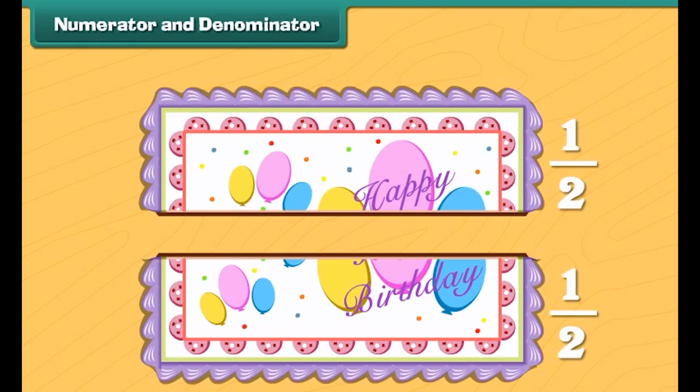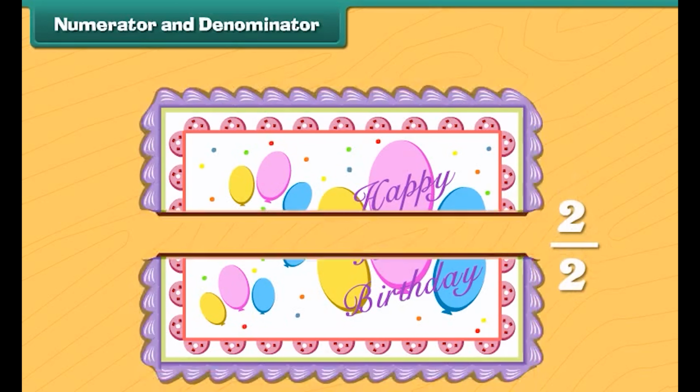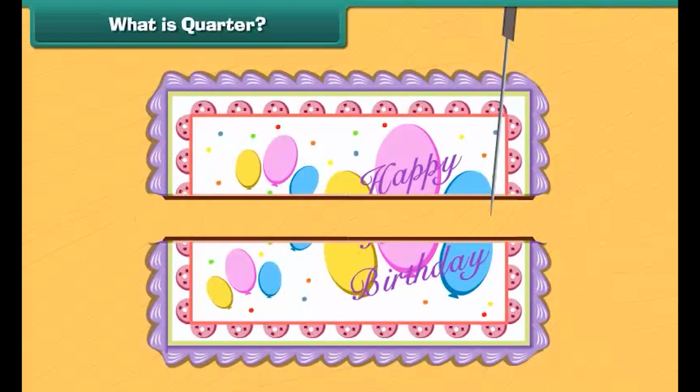This number, called the denominator, tells us the total number of pieces that make up one whole. The top number is called the numerator, which shows the number of parts. So, this is 1/2 of the cake. And these are 2 halves of the cake. So, 2 divided by 2 is 1, that is, 1 whole cake.